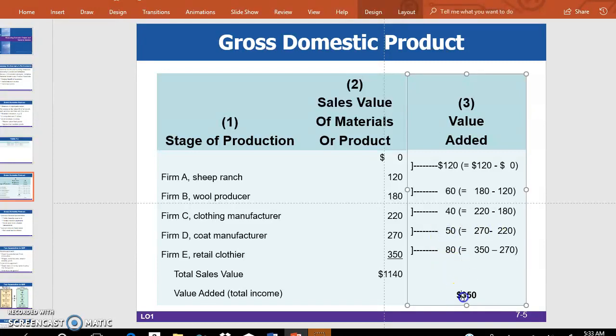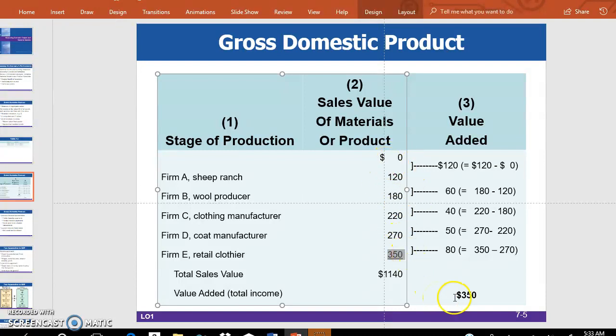So in the GDP, we add this total value added. This is the correct measure. If you make a mistake and add this 1140, the sales value at all stages, that will be misleading, because this 350 already includes what? Includes the value added in the previous stages.